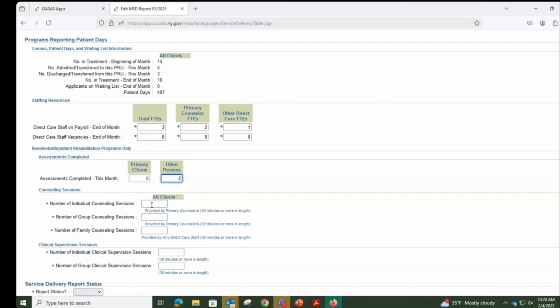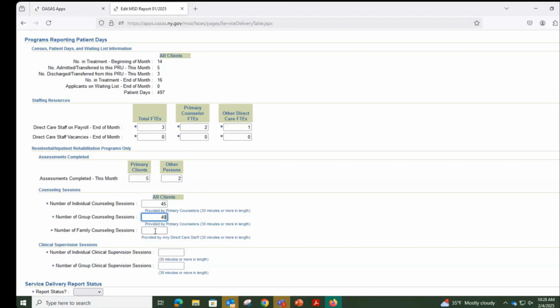Number of individual counseling sessions, and here we say they have to be 30 minutes or longer. We will say. Group sessions offered. Again, the number of sessions offered, not the number of people that attended. So we'll say.